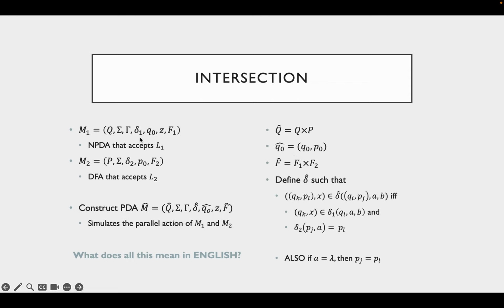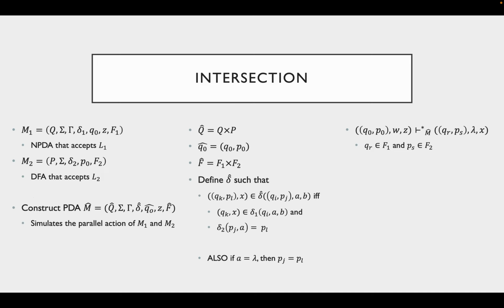And if M1 transitions to Q1 and M2 transitions to P1, then our new machine transitions to Q1, P1, which is our new state, which is a combination of states from M1 and M2. So just think about that, because I know there's a lot going on this slide and there's about to be even more. But really, it's a very simple concept and there's a lot of complicated jargon to get it out.